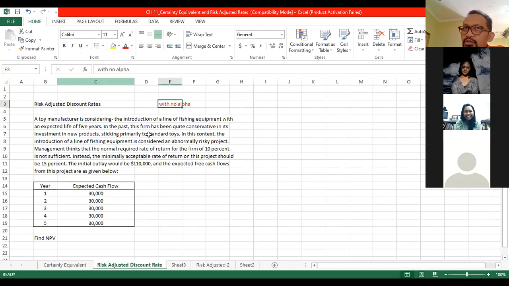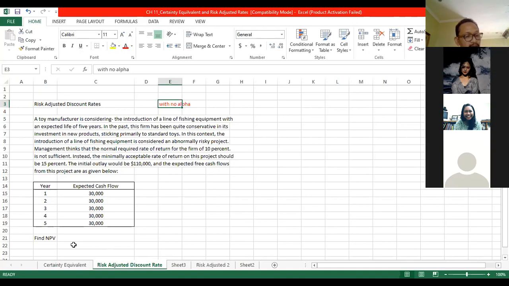If you want to calculate, this uses the same calculation as the NPV that you learned in chapter 9. Remember chapter 9? That calculation is the same when you calculate the IRR and also the NPV. The equation is actually the same: you take the free cash flow divided by 1 plus K, and then minus the initial outlay.